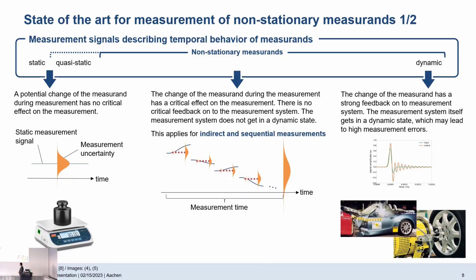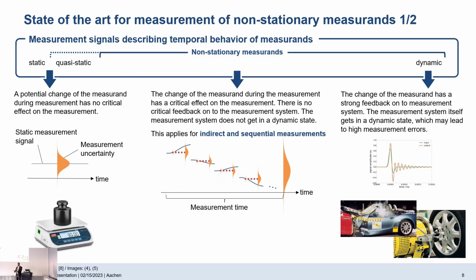So this typically or most likely applies for indirect and sequential measurements, because there we have a lot of single measurements which only provide a piece of information, which we cannot interpret on its own. We can only interpret the overall result. So if we take the entirety of all signals, we can then, for example, reconstruct the desired measurement here.